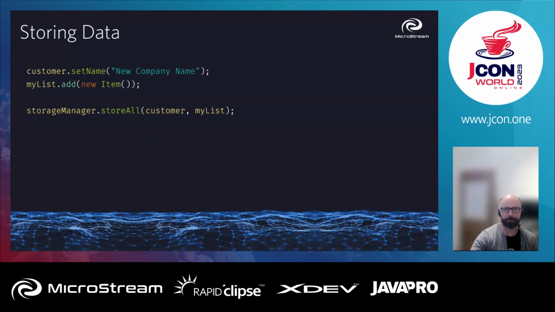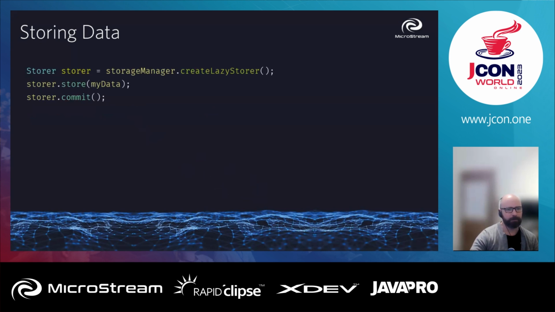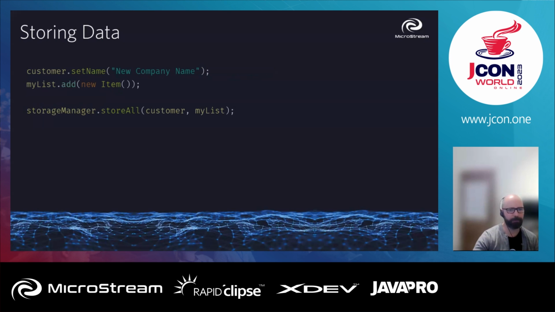The store or store all methods, what happens in the background? A store is created. Every changed object will be registered at the store with a store command, and the commit is called in the end. And that's what happens if you call a store method of the embedded storage manager or a store all method.